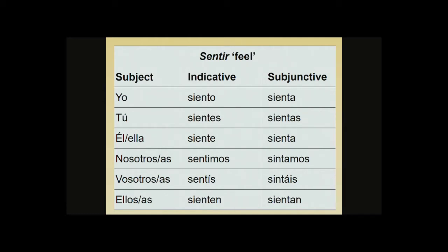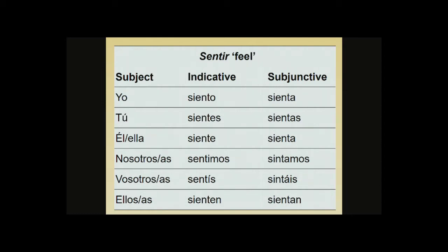The medir pattern, remember, you go from medir to mido, mides. So you go from e to i. So it's not that one. It's the sentir pattern. Yeah?